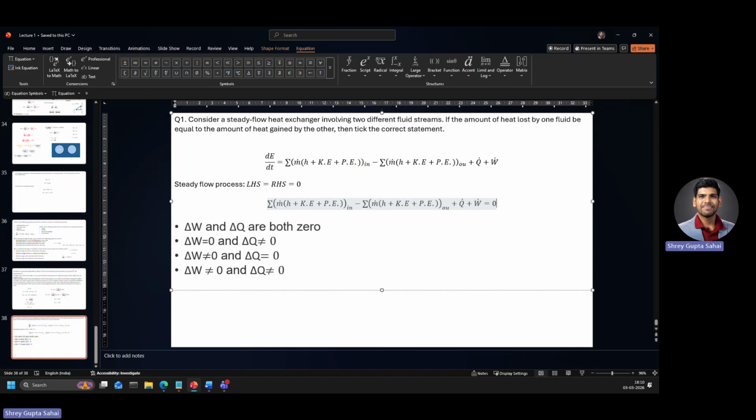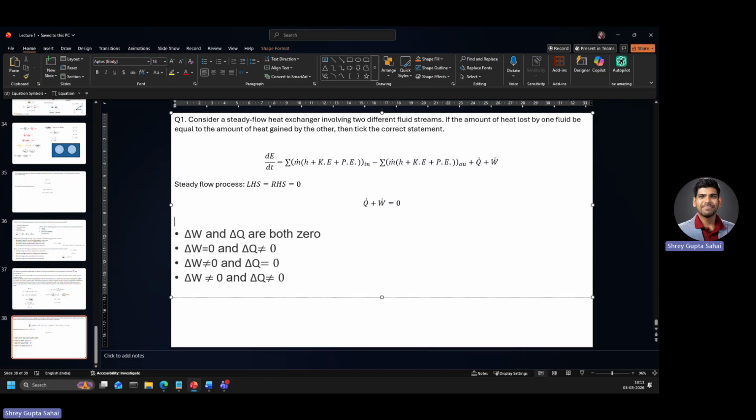In that case, there is no heat interaction with the surroundings as such. So if you note here, it is saying that this component has to be 0.